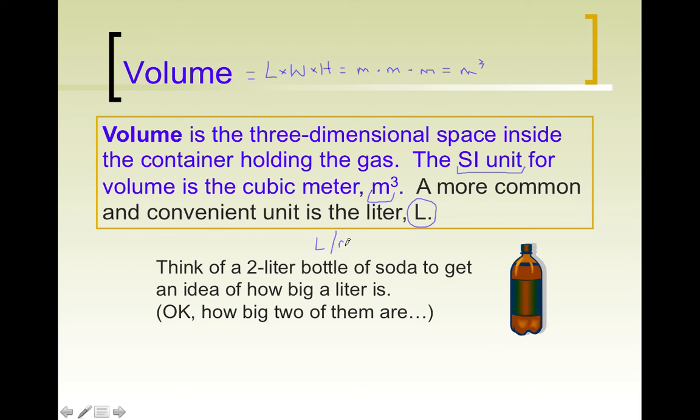You might see it in milliliters. You might see it in cubic centimeters, also known as cc's, which could also be written as cm cubed. You could technically use any volume unit depending on what you're given, and these are just some of the common ones that you may see. Okay, so once again, 3-dimensional space.